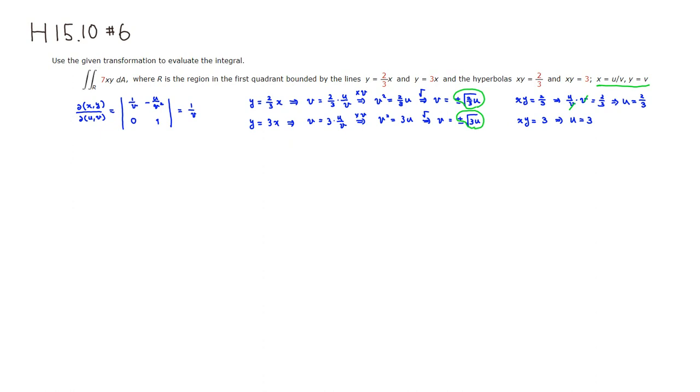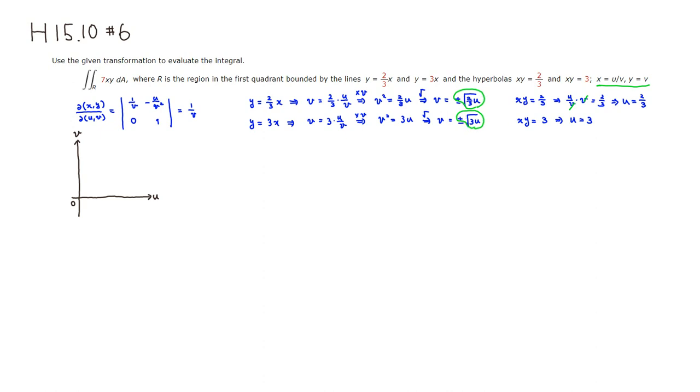Alright, so let's sketch the region in the uv plane. Here's the u axis and here's the v axis. Let's sketch v equal to the square root of 2/3 u.